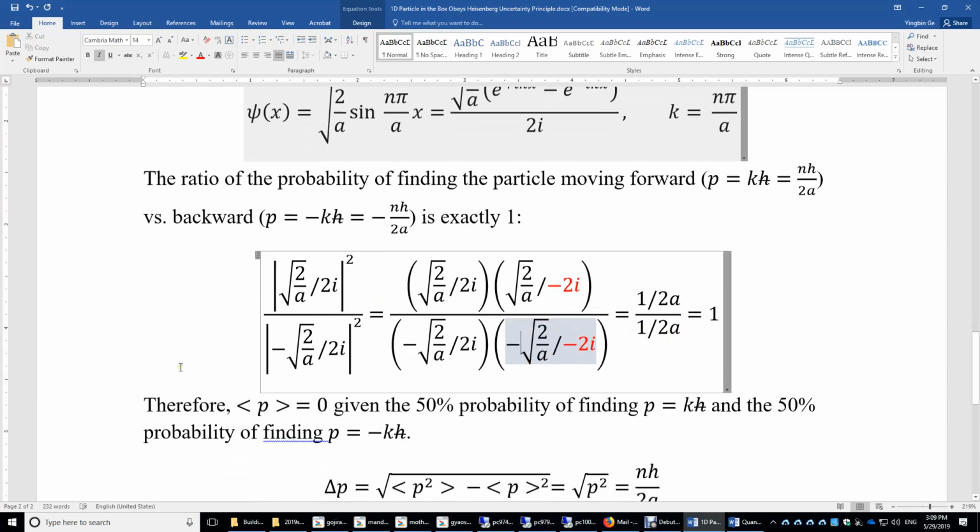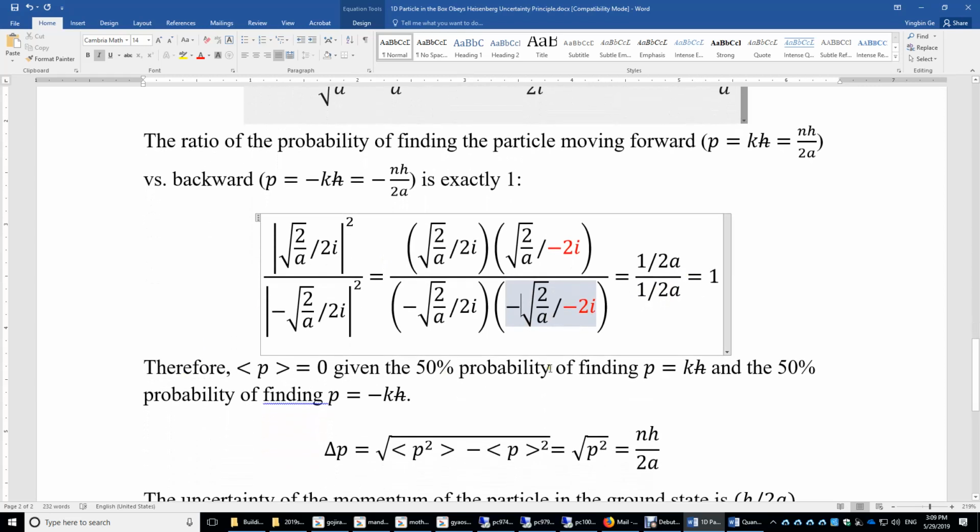What does that mean? That means we have 50% probability of finding the momentum of k h bar, and also 50% probability of finding the momentum of the particle being negative k h bar. So 50% plus k h bar, 50% negative k h bar. Therefore, the expectation value of the momentum is 0.